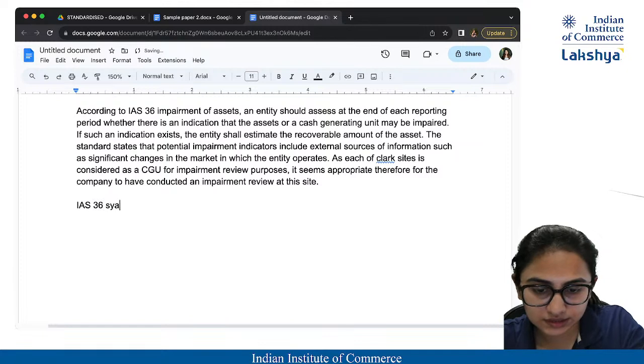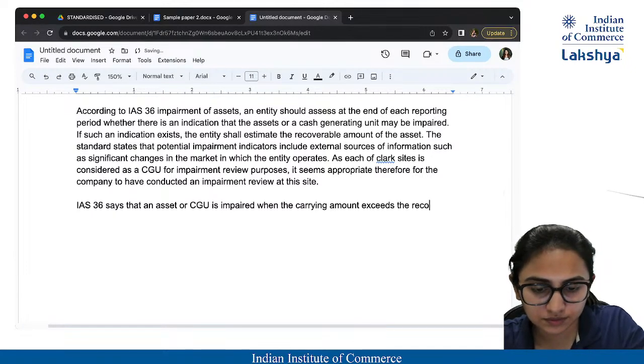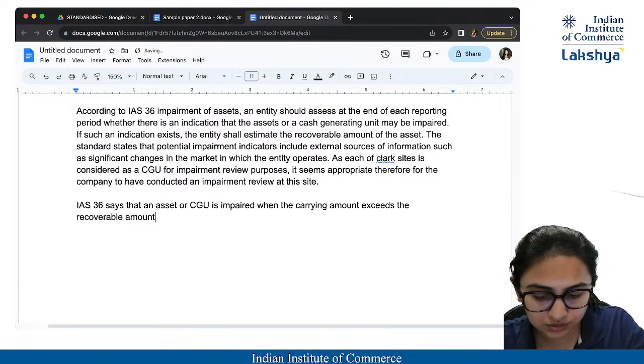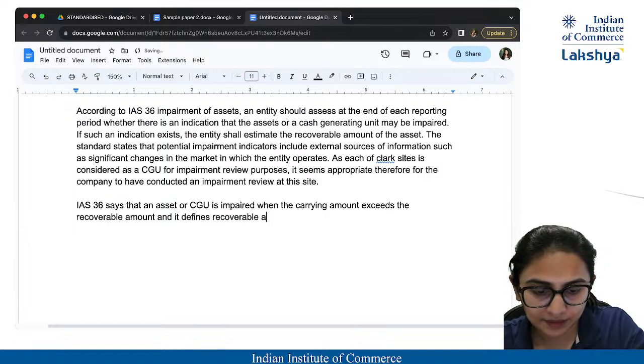IAS 36 says that an asset or cash generating unit is impaired when the carrying amount exceeds the recoverable amount, and it defines this as the higher of fair value less cost to sell and value in use.